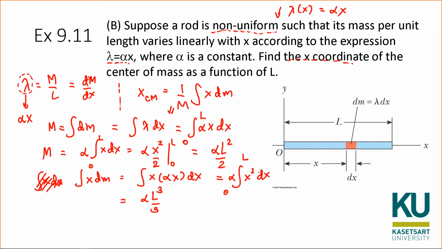You can try to rearrange this term, right? It is x cubed over 3, and you substitute L and 0 in, so finally you will get this.